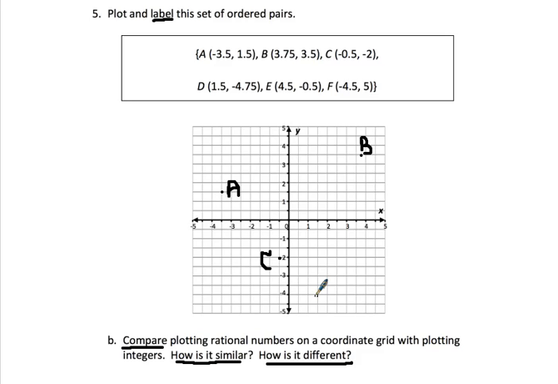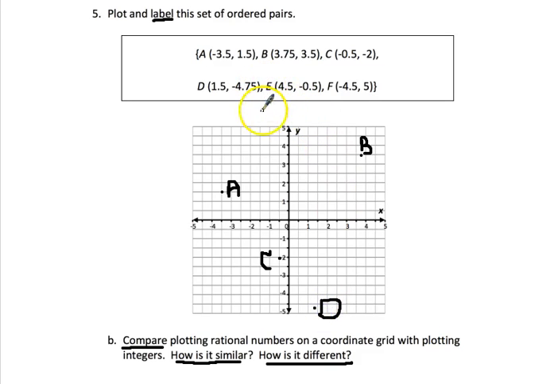Well, a halfway mark would be here. 75/100 would be here. So I'm going to label that, and that is D.